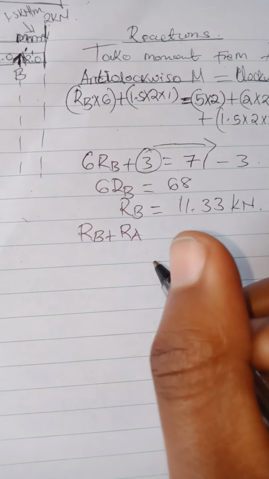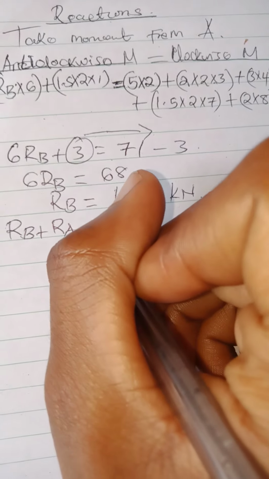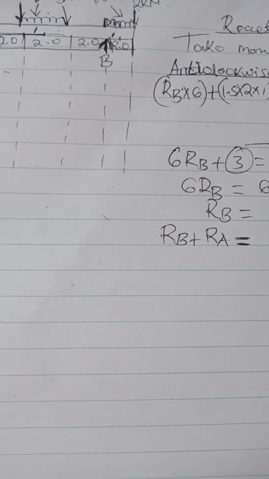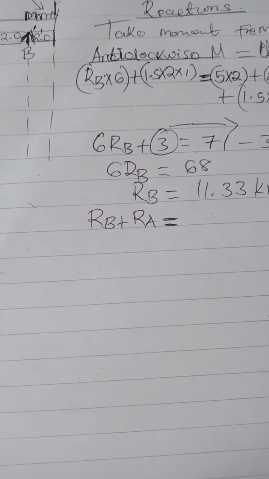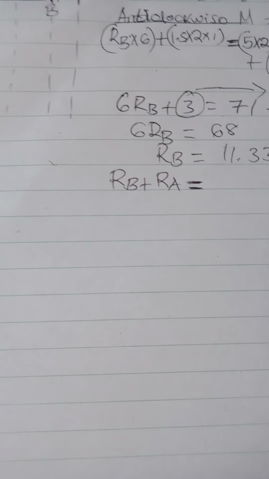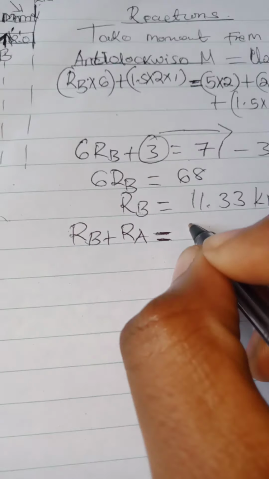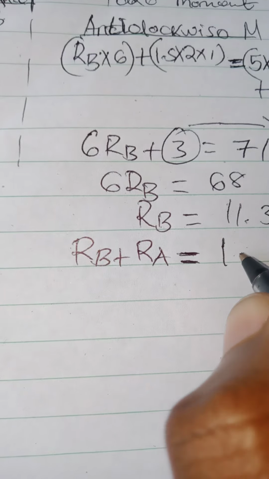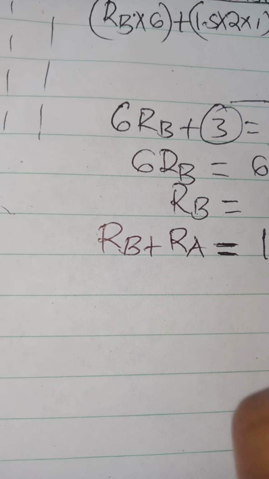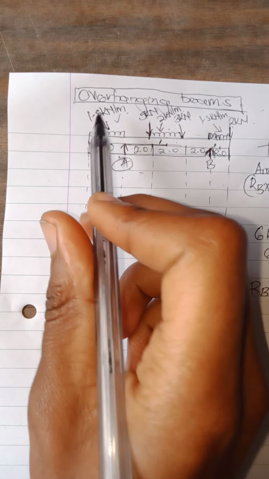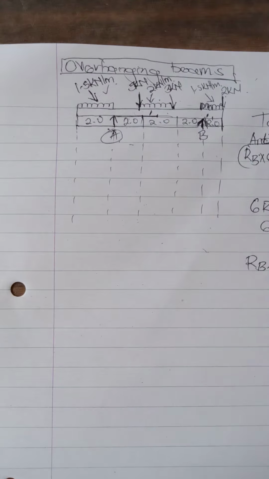So you may equate them to find the reaction at A. So we multiply 1.5 times 2, 1.5 here times the distance which it's acting upon.